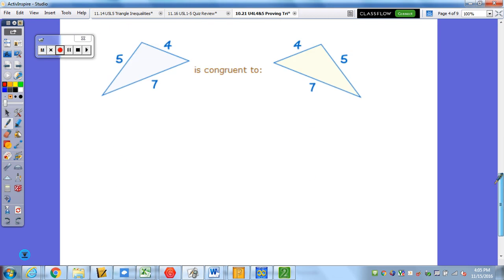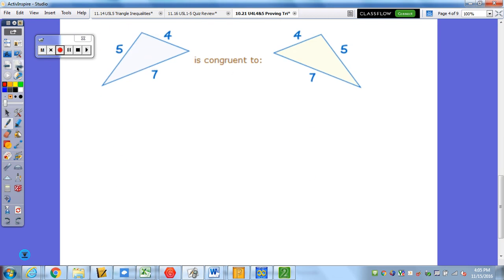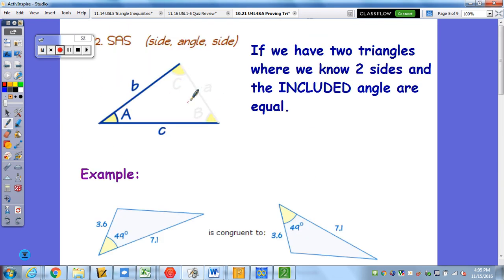Then we have side, angle, side. This gets a little bit tricky because what I'm saying is that I know a pair of sides and the angle that is included between these 2 sides. So I can see here that this side is congruent to this side. This side is congruent to this side.